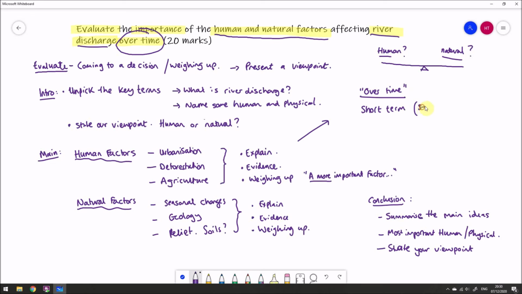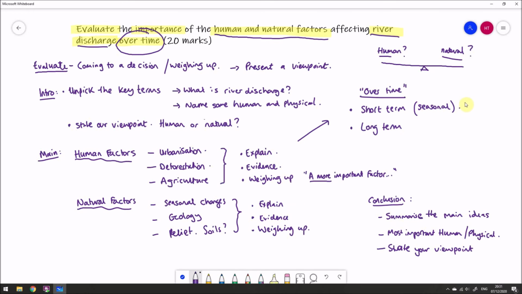So maybe again that idea of seasonality. Okay, and also longer term timescales. So that might include things like urbanization and deforestation, or even climate change. Okay, so you want to show an awareness of how river discharge can vary in the short term and in the long term as a result of these factors.